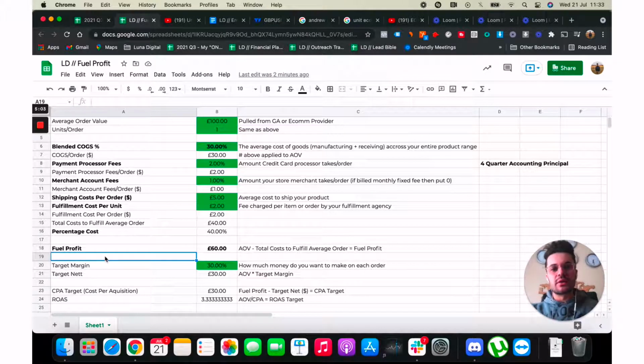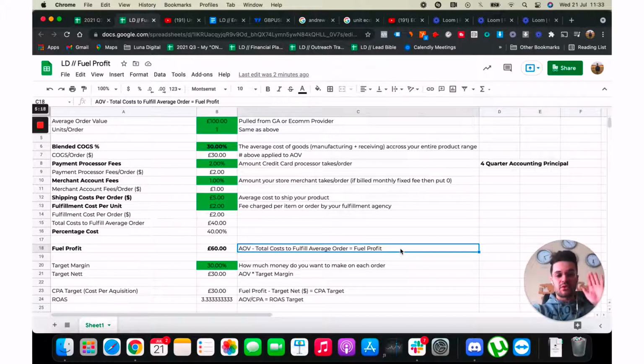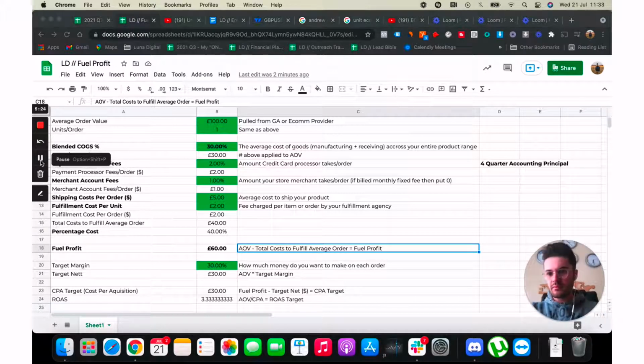And this is very interesting from an investor's point of view, because we know that our investing time horizon in terms of our rate of return should be slightly longer to get the bigger return, right? So this is what the fuel profit is used for, so that we can get to a figure which we know we can pump straight back into Facebook ads or Google ads, wherever it is. We know exactly what our CAC is supposed to be.